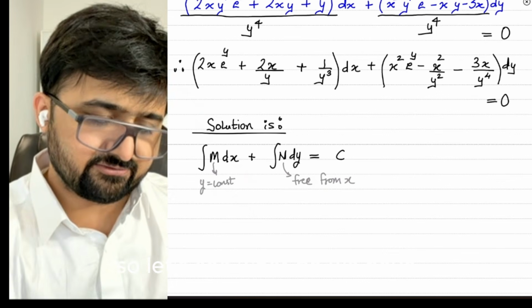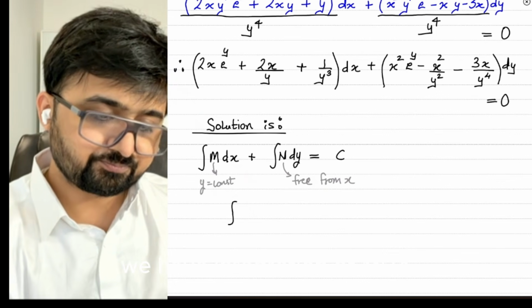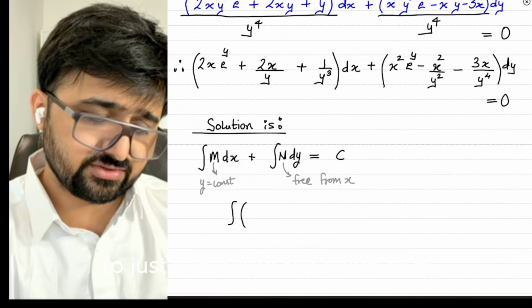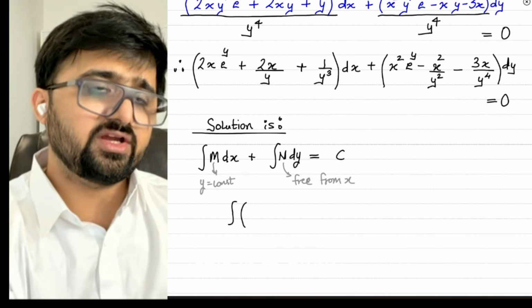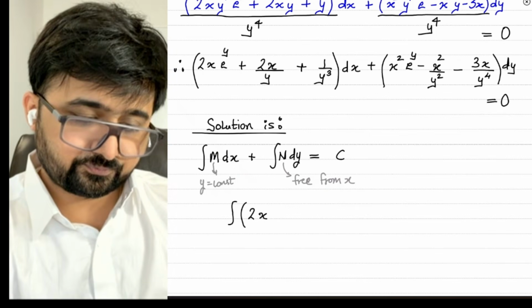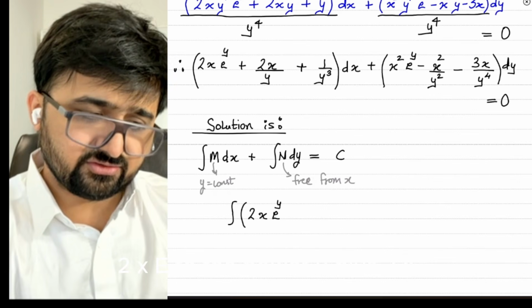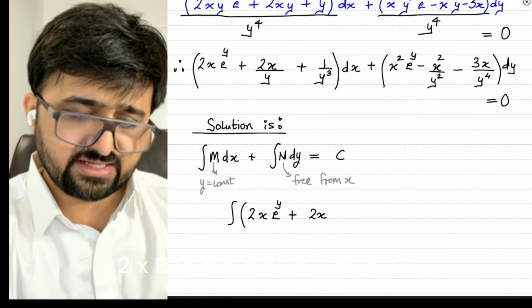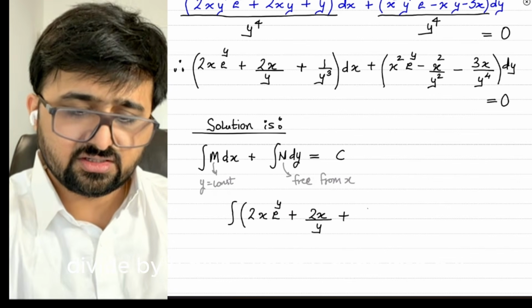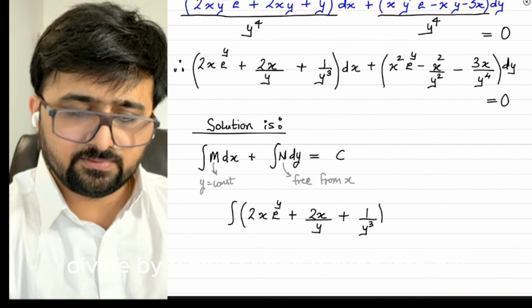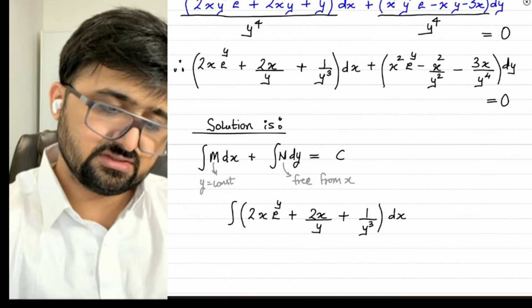So let's see, what do we have. We have integration of M dx, so just substitute the value of M. This is M: 2x e to the power y plus 2x divide by y plus 1 upon y cube into dx.